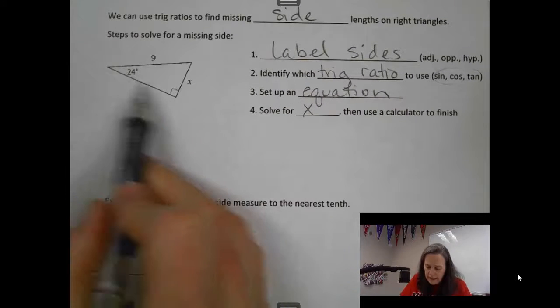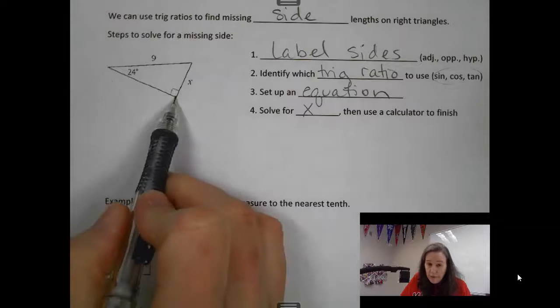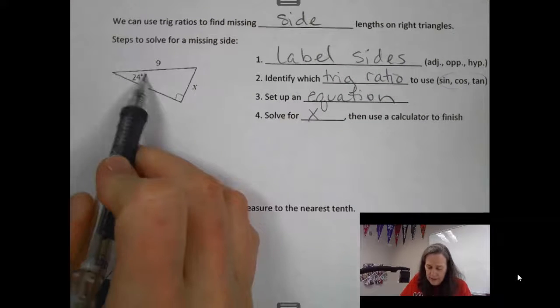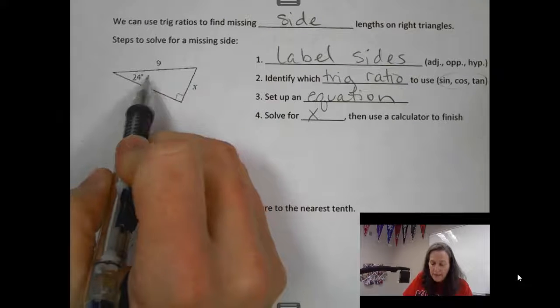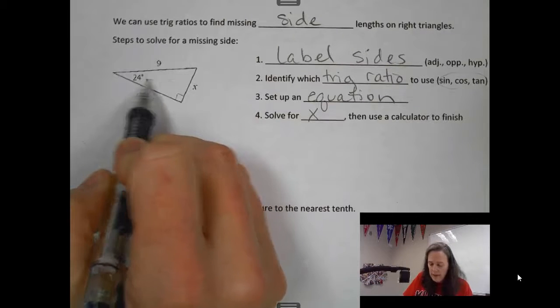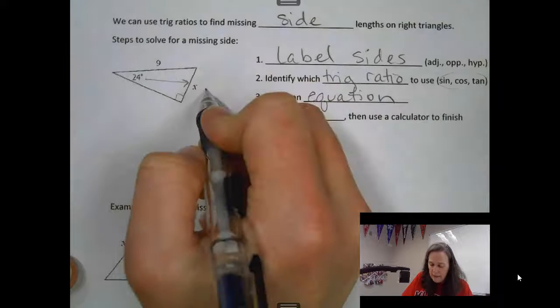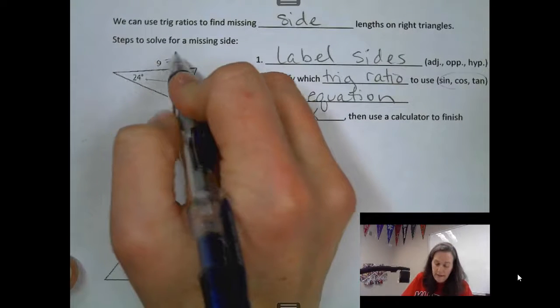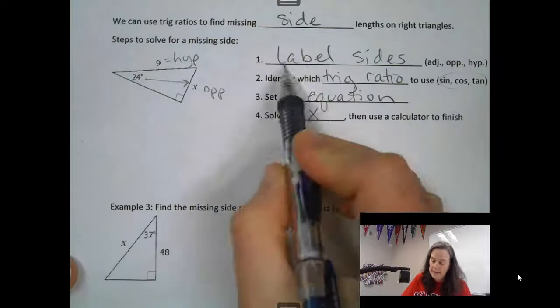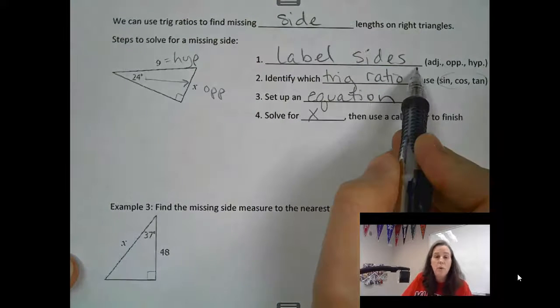Okay, let's go down here and try this out. So this guy, he's a right triangle. They gave us this 24 degrees, and compared to that angle that we do know, this is the opposite side. This is the hypotenuse. So I just did this label side, step number 1.